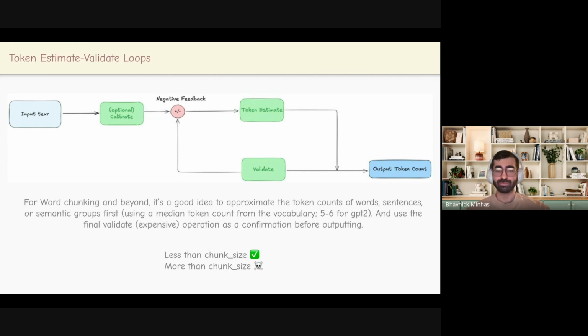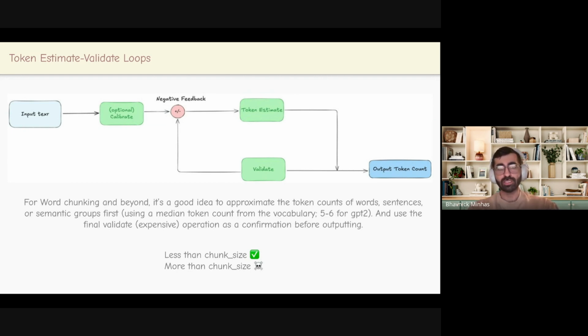So essentially, you would estimate that first, and then you would do validation. And when you validate it, you get the actual encode count. Hope that makes sense.